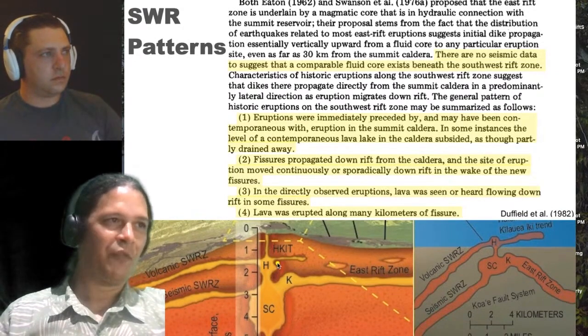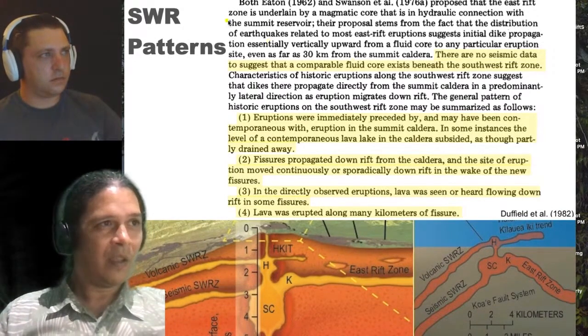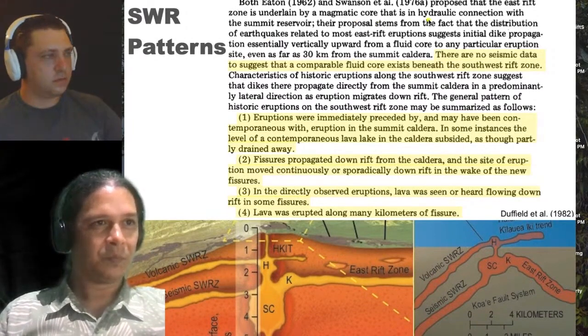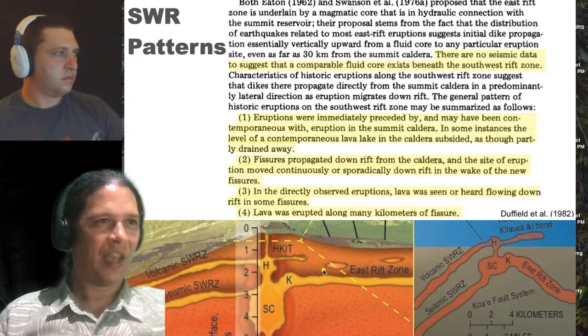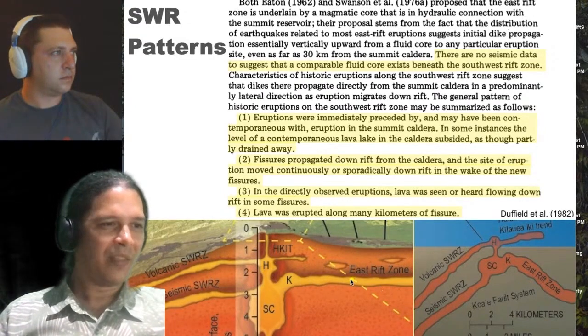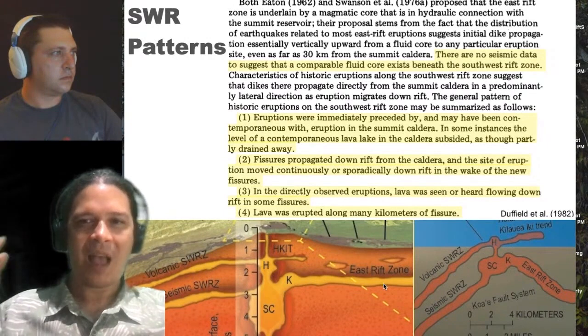The first thing to notice there is this difference between the two, right? So he notes here that the East Rift essentially has the deep core and the shallow rift, one on top of the other.